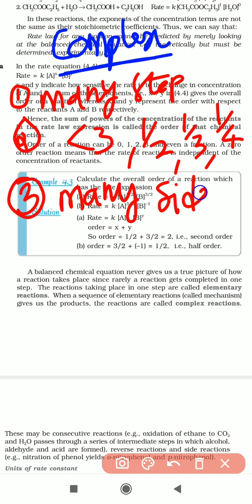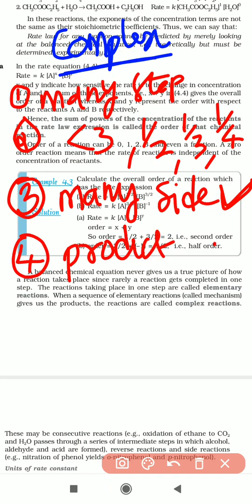Side reactions are those where other products are also formed at the same time. Next, the products are not produced directly from the reactants. But in simple reactions, products are produced directly from the reactants. Here, products are not produced directly from the reactants.